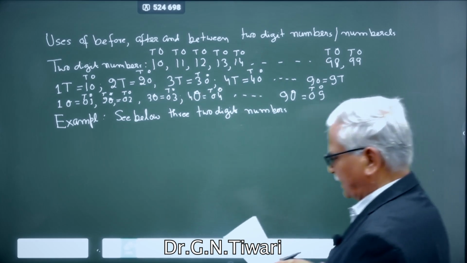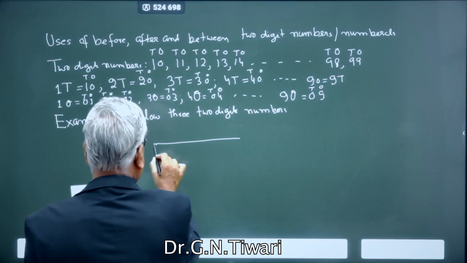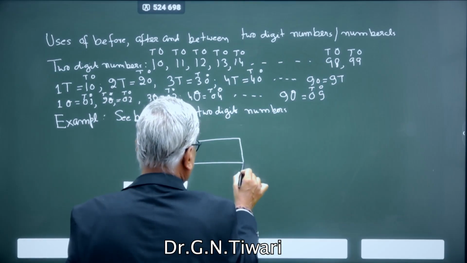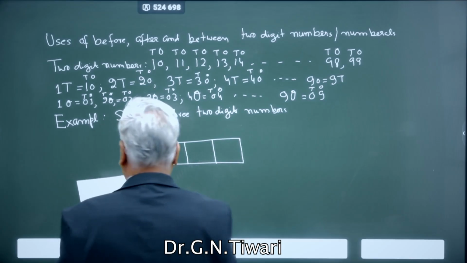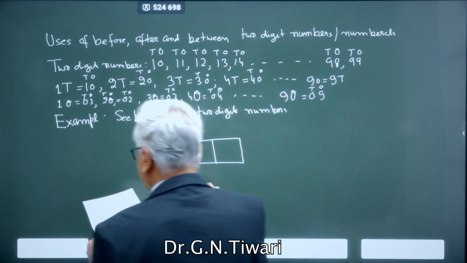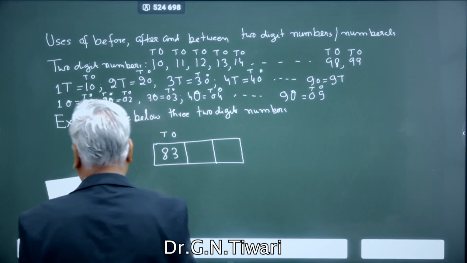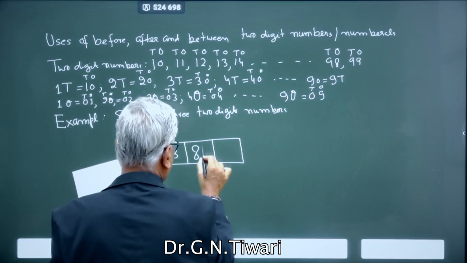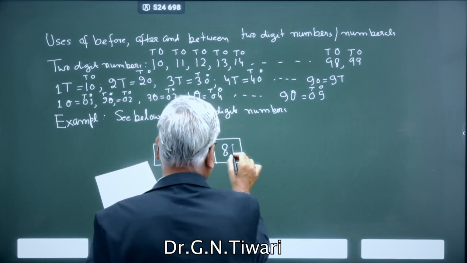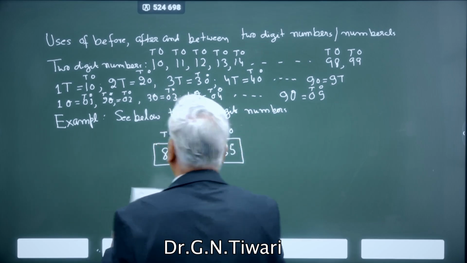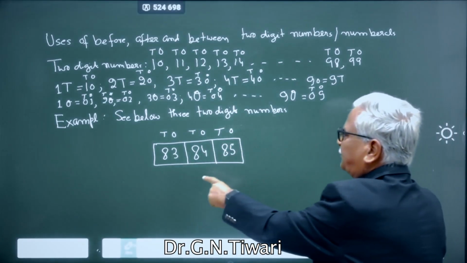I'm giving the example, and I'm making a block. One, 2, 3. Now, here I'm making 83, O and T. Then 84, O and T. And then 85. If children know the counting, very easily they can say 83, 84, 85.